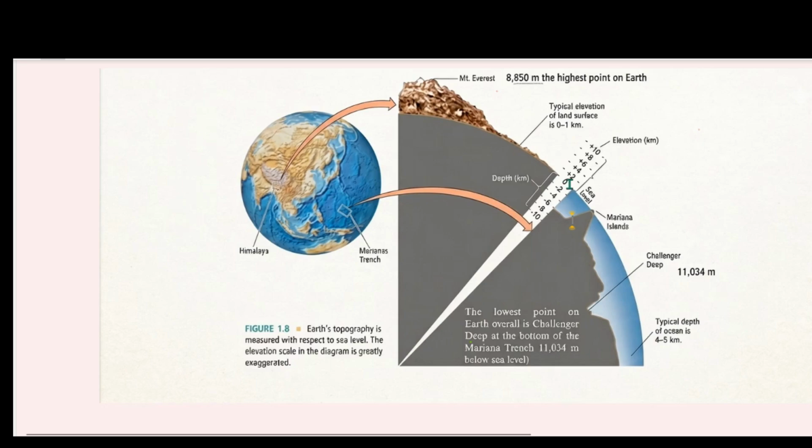Now you can see that in the diagram you're looking at something like a ruler pinned on the Earth's surface such that it's inclined at 45 degrees from this place over here.